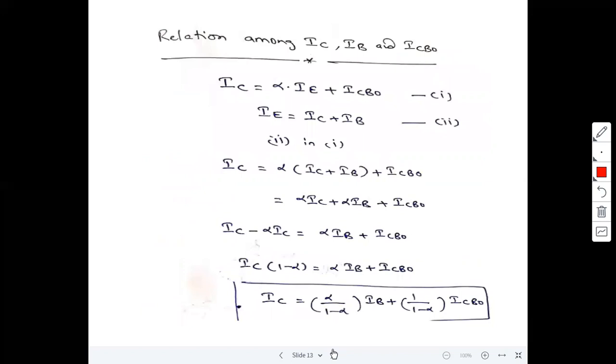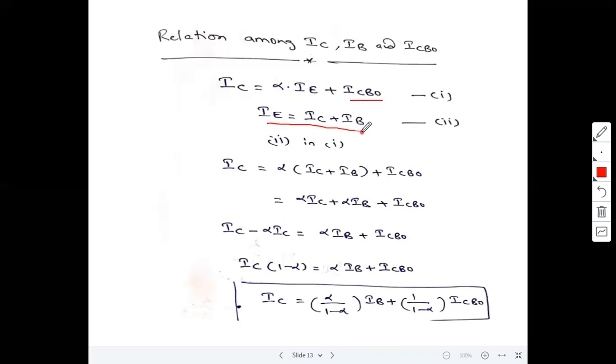Now there are some current equation changes which include the leakage currents. Now the relation among IC, IB and ICBO. In CB configuration, IC is equal to alpha times IE without leakage current. With leakage current, the leakage current direction is also the same as the collector current direction, so it adds, not subtracts. So IC equals alpha times IE plus ICBO.